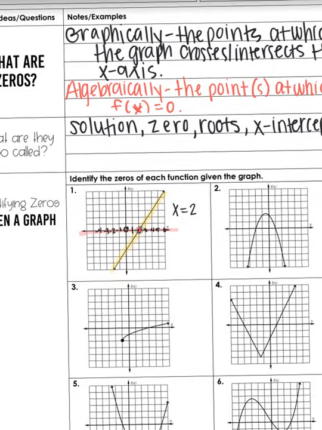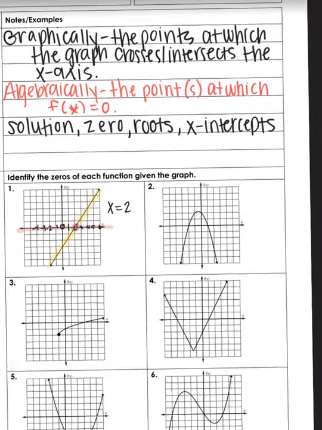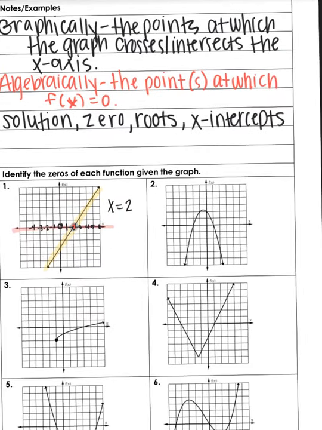All right, let's look at number 2. So here, this is our function, and it is crossing the x-axis at 2 separate spots, 2 separate solutions, 2 zeros.